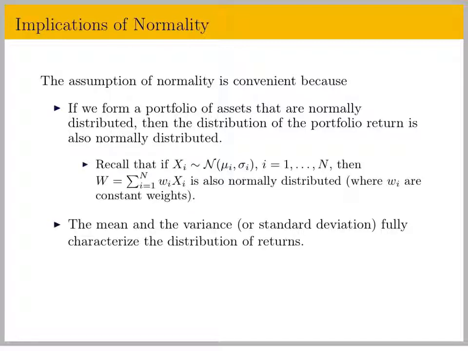Now the other nice implication of normality, and I mentioned this previously, is that the mean and the variance, or the standard deviation, fully characterize the distribution of returns. So if you tell me that random variable x is normally distributed with mean 5.2 and standard deviation 2.1, then I can plot the full density function.